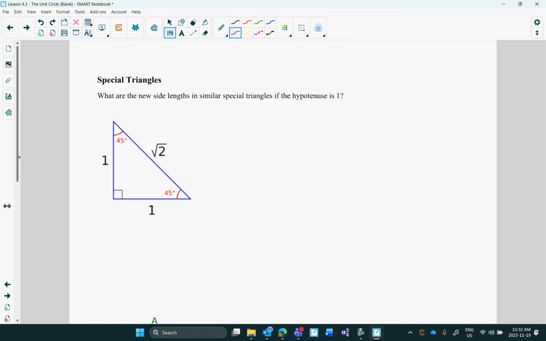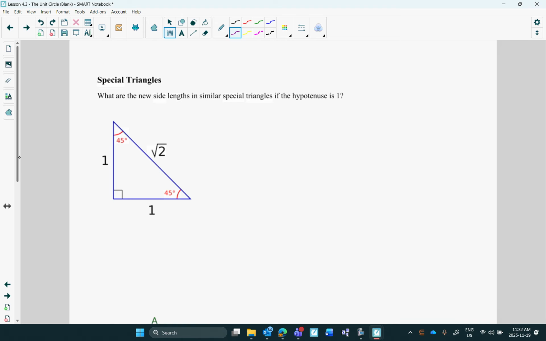So if I say this is 1, this must be 1, and then by Pythagoras, this must be square root of 2. Because 1 squared plus 1 squared is 2, and the square root of 2 is obviously root 2. Okay, so that triangle makes sense.